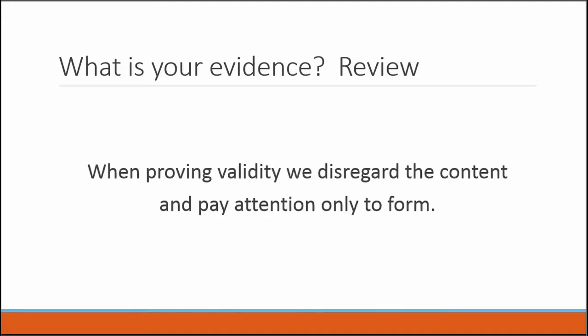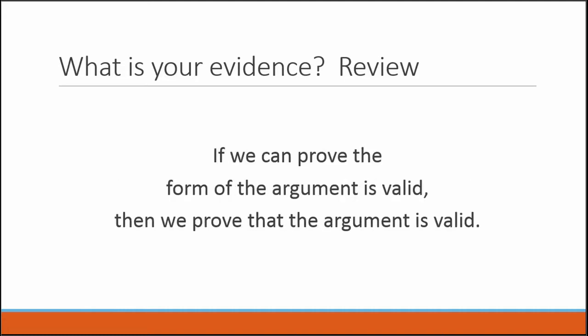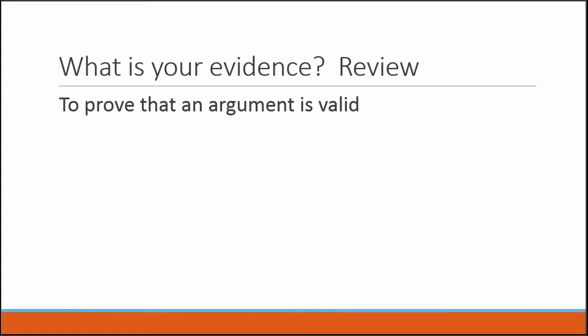We have learned that when proving validity, we disregard the content and pay attention only to form. If we can prove the form of the argument is valid, then we can prove the argument is valid. To prove an argument is valid, we should first identify the final conclusion and the basic premises.